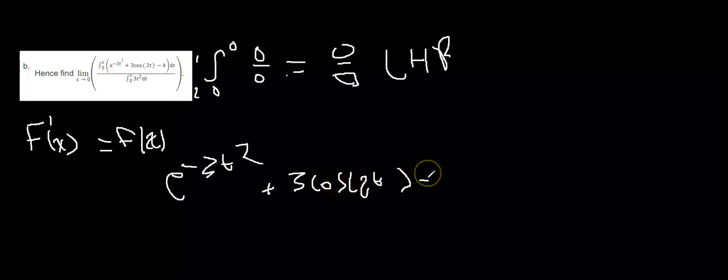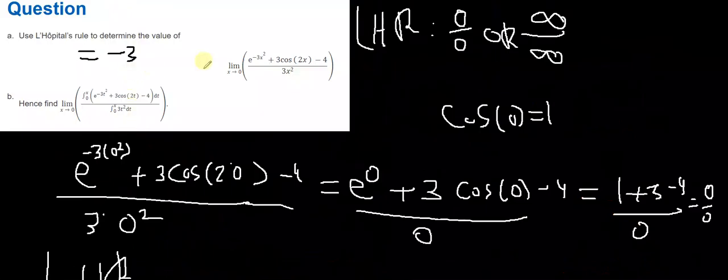So we're back to our original expression of e to the minus 3t squared plus 3 cosine 2t minus 4 over 3t squared, which, if you notice, is the same thing as before. So these two will have the same answer of minus 3.